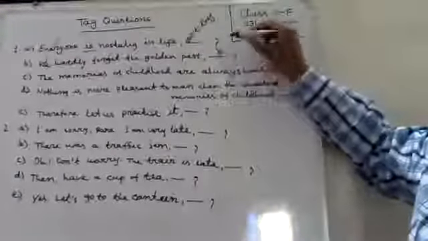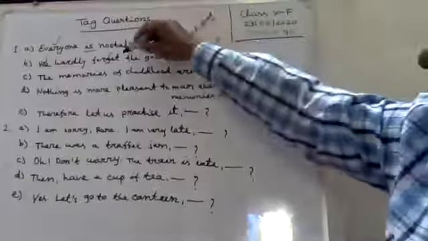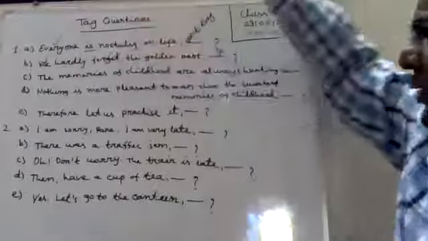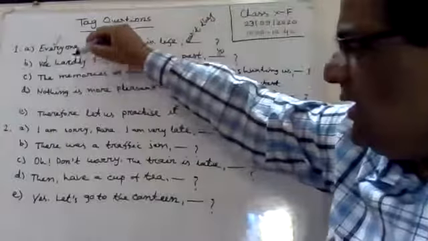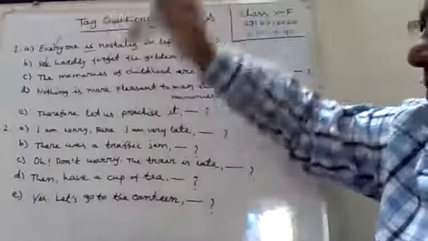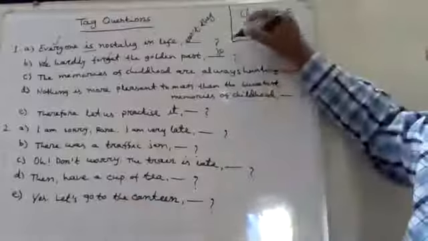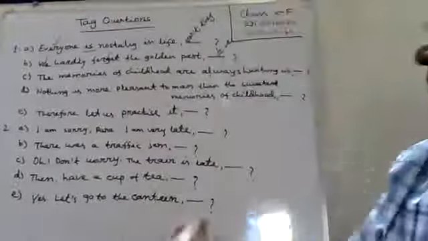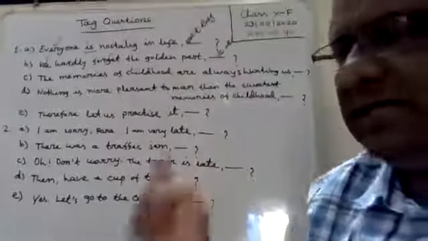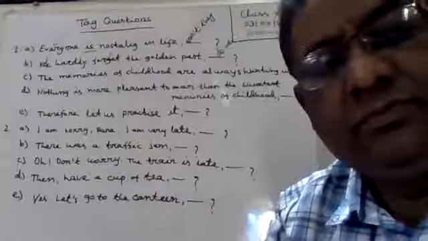Auxiliary verb do is hidden here. Auxiliary verb do is hidden in the main verb forget. Do, and the sentence is negative, as the word hardly affects the sentence to make it a negative. So do we. Is it clear? Yes, sir.